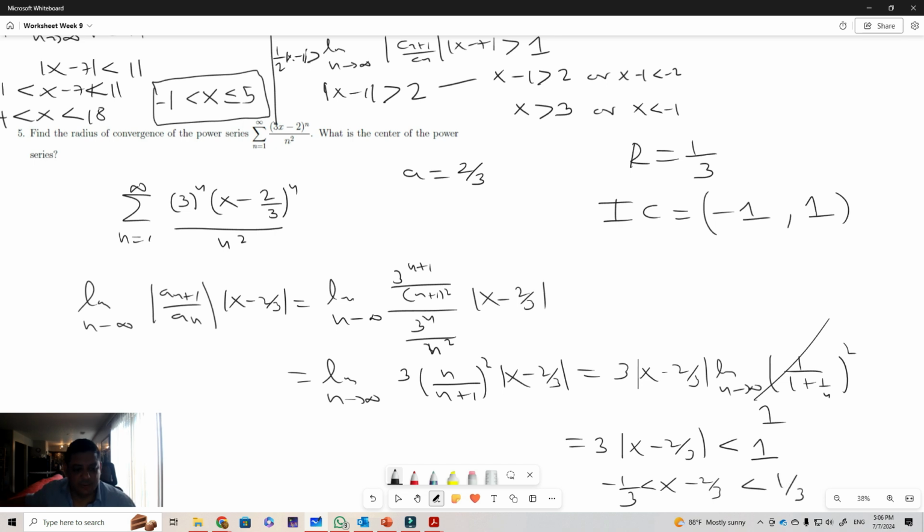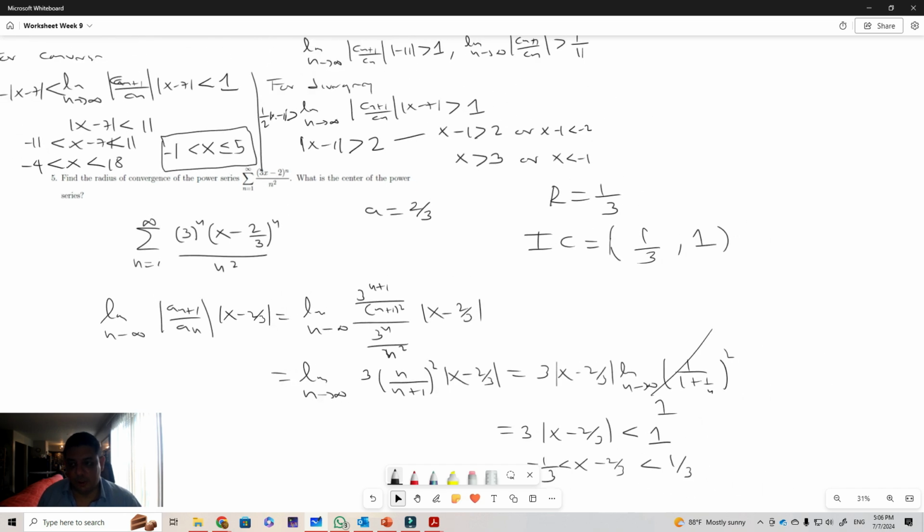So we add here, we get 1, but if we add in this direction, we actually get 1/3. Sorry, so it's not minus 1, but 1/3. So this is what the interval of convergency is. And so that's the end of worksheet 9.